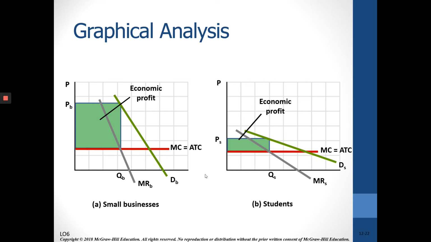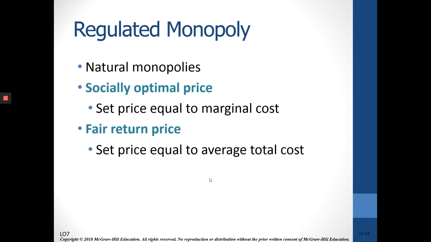We're just making the assumption here in the red line that marginal cost is the same as average total cost, which at some point it is. But the price, of course, is the charge on the demand curve. A student has a much more elastic demand curve, a flatter curve, and they're not charged as high a price. But that's perfectly legal to do that as long as it doesn't lessen competition.